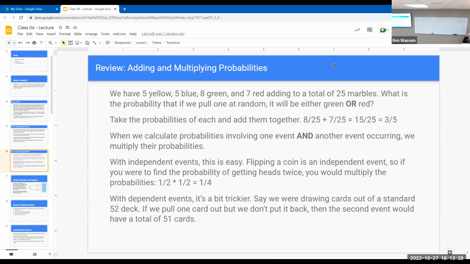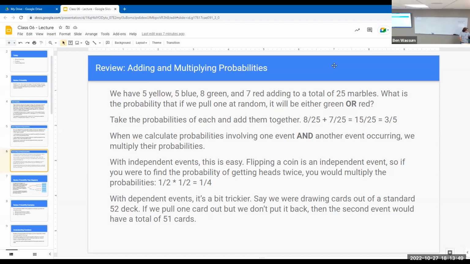So here we have the rules on adding and multiplying probabilities. So same marble stuff, but if you had to have the probability of something being either one option or another option, well, you would just add those options together, right?